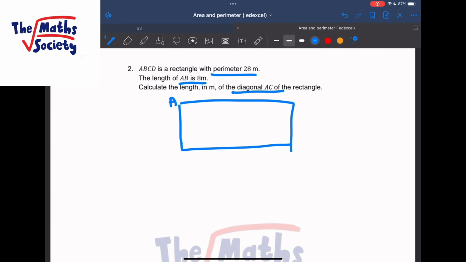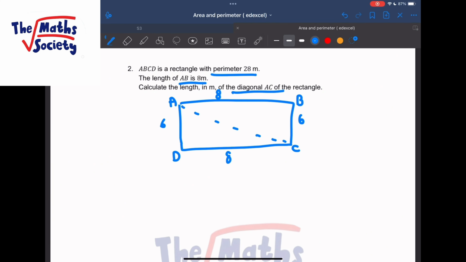If it's 8 meter and 8 meter, that's 16, so you'll have 6 meter, 6 meter for each of the other sides. All the units are in meter, and they want you to find AC, which is the diagonal line.